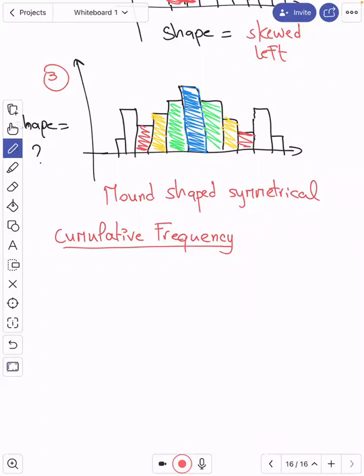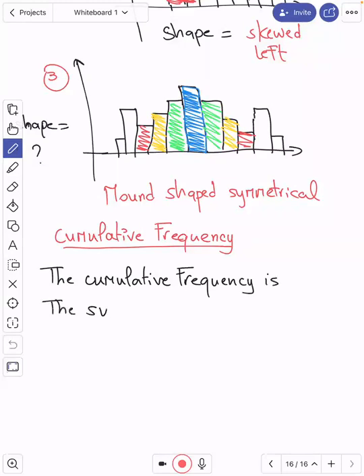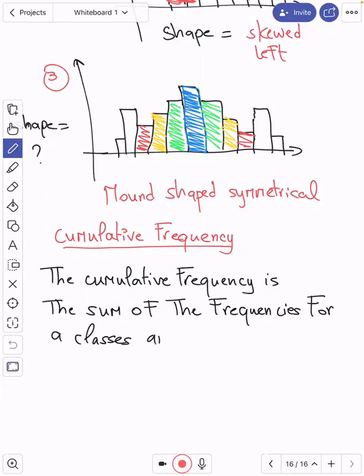Cumulative frequency is just the sum of the frequencies for a class and all classes before it.